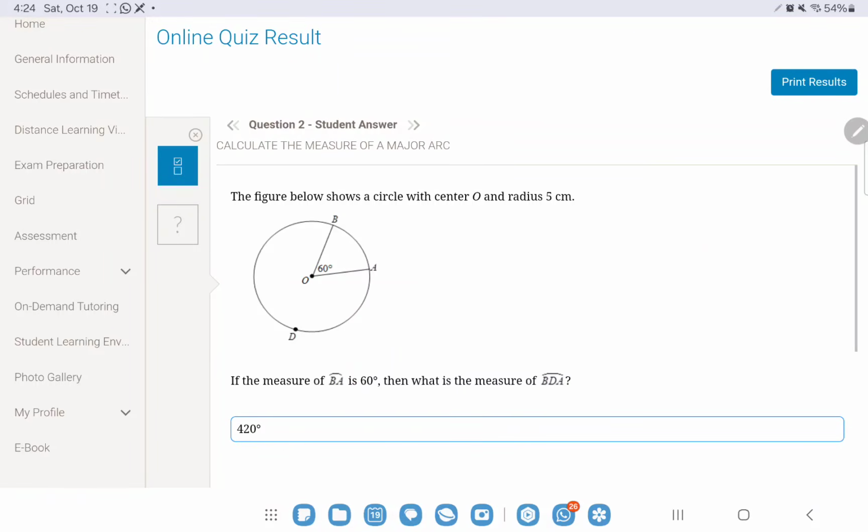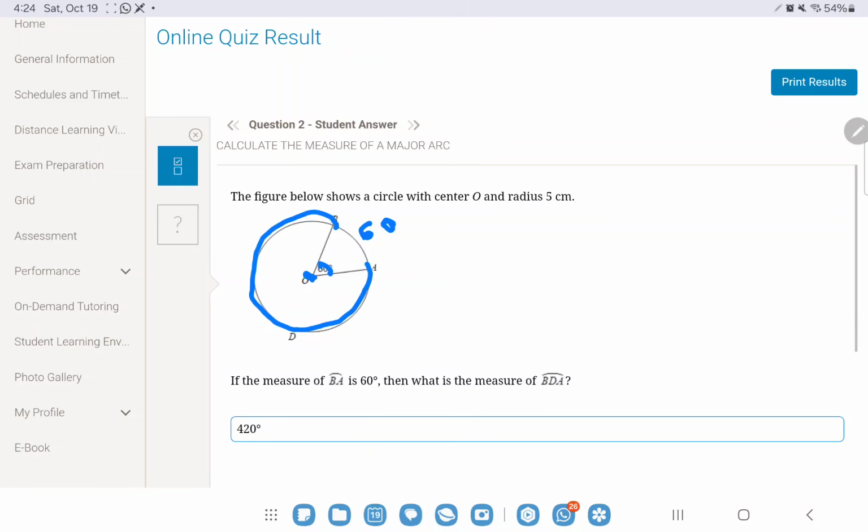Okay. So if you have the measure of this arc to be 60, and it's a central angle, which means it has the center as part of it, then this is going to be equal to the measure of the angle. So this is 60. They're asking you what's the measure of BDA.